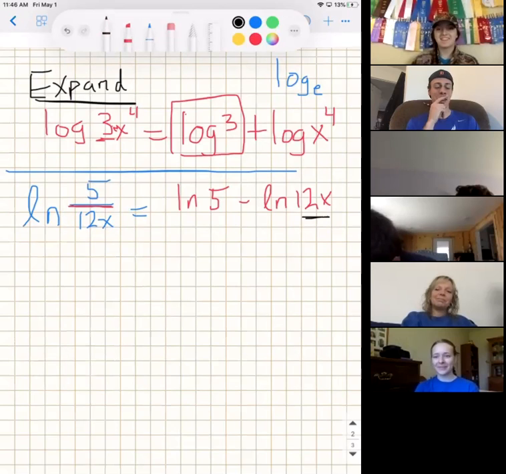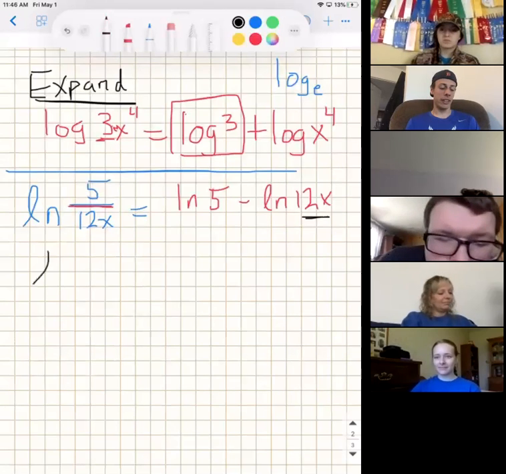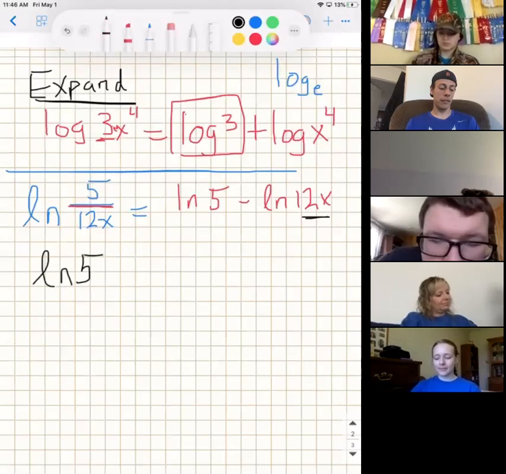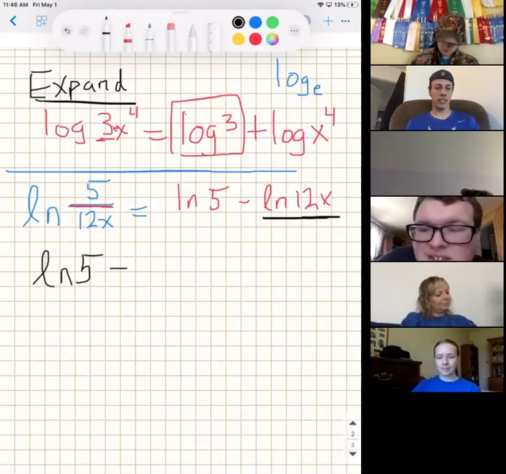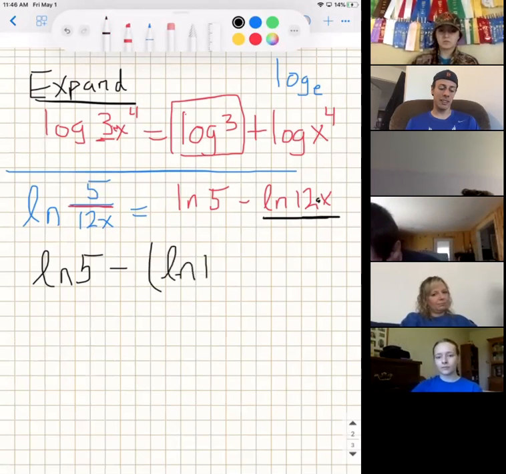Okay. So if we have 12 times x, what could we do with it? I'll rewrite this down here. So we have natural log of 5 minus, what could we do with this natural log then? Since we have multiplication, 12 times x, we can write it as an addition statement, okay?